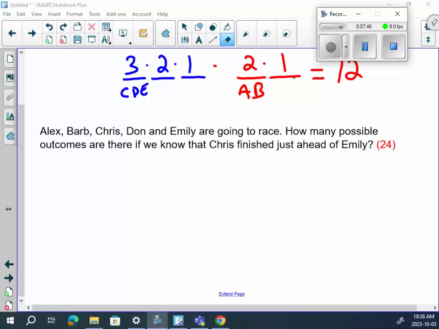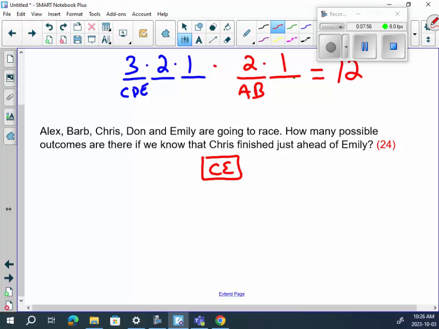The key here, we see Chris finished just ahead of Emily. And so what I'm going to do is essentially think of them as one block. Chris and Emily, one block, they're going to travel together. My other runners, competitors, characters, whatever you want to say, are those. So now there are essentially 4 different values traveling. There's an A, an Alex out there somewhere.